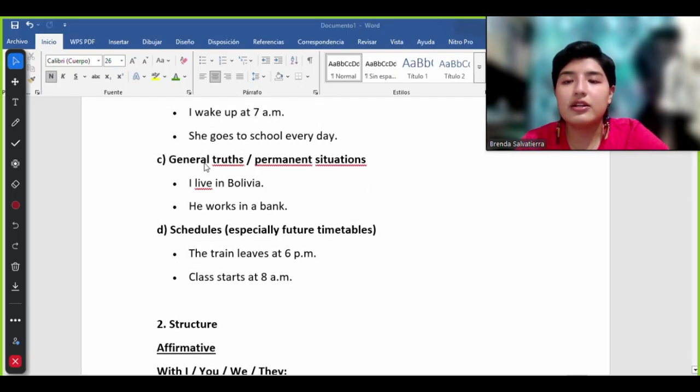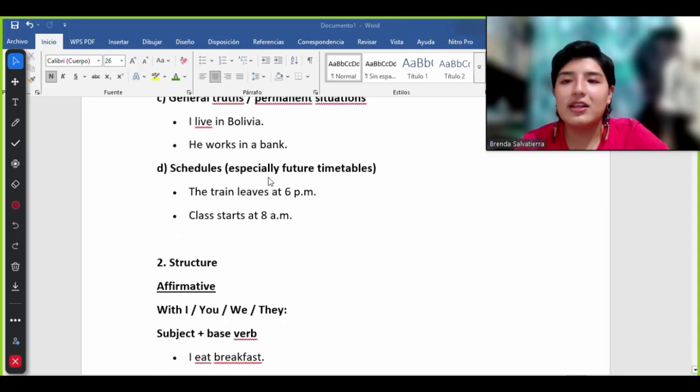Letter C, general truth or permanent situations. For example, I live in Bolivia. He works in a bank. Those are both general truth or permanent situations, okay? Letter D, schedules, especially future timetables. For example, the train leaves at 6 p.m., class starts at 8 a.m.